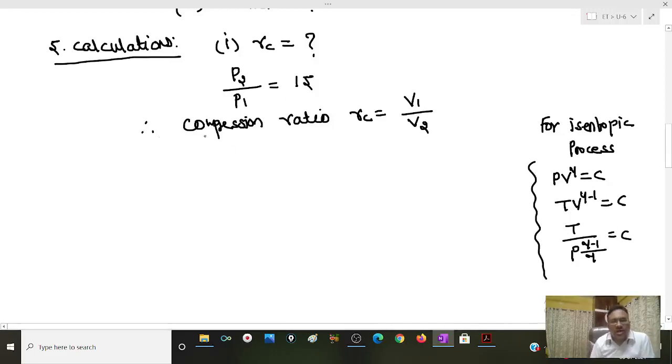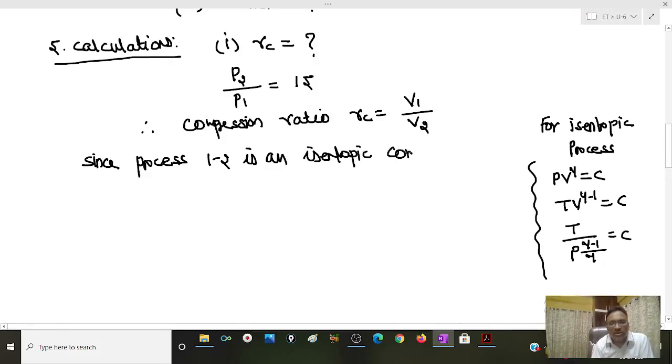So I am recalling the first process. Since process 1 to 2 is an isentropic compression process and I want to calculate the ratio V1 by V2 provided we have been given the value of P2 by P1, that is only possible if I select this relationship. P1 V1^gamma is equal to P2 V2^gamma.